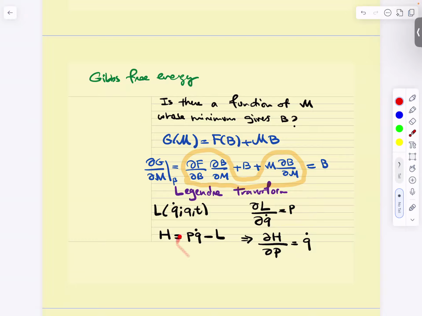P and Q dot play the role of source and magnetization. And here's your Legendre transform. You just take your Lagrangian with a minus sign and add to it PQ dot. This is the same mathematics.